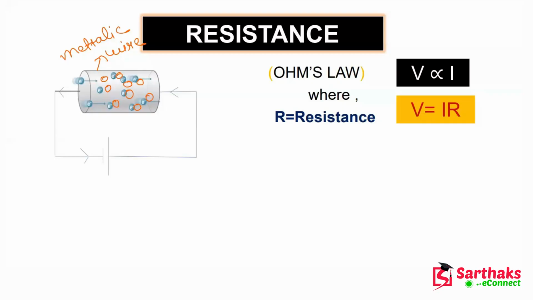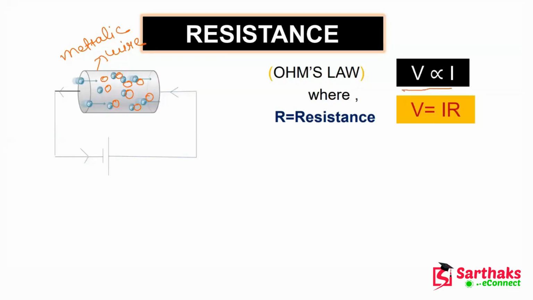So due to this collision, there is a loss of current. This is known as resistance. Resistance is the ability of this wire to resist the flow of electrons, or to resist the current. I hope guys you understand the meaning of resistance.